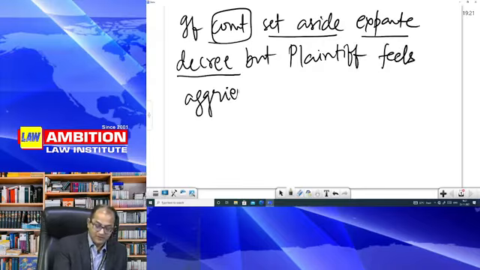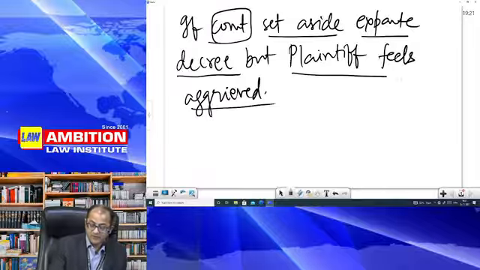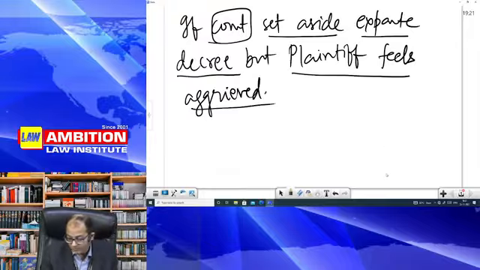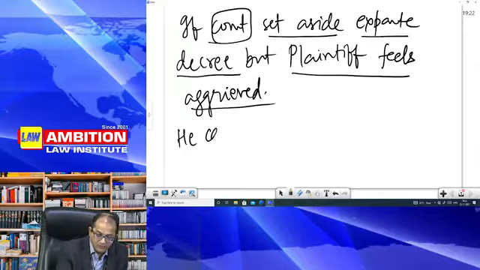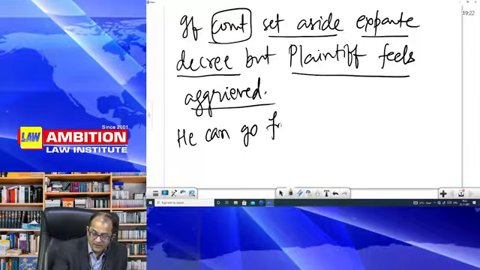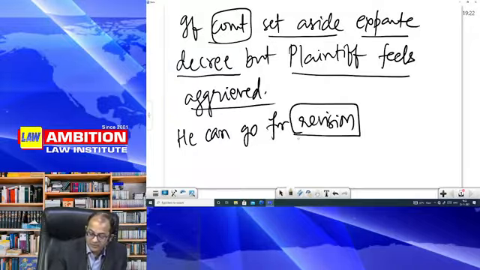He thinks that the decision is wrong. Now, where will he go? On this point, the law says that he can go for revision, because he can raise the question of exceeding jurisdiction, non-exercise of jurisdiction, or improper exercise of jurisdiction.